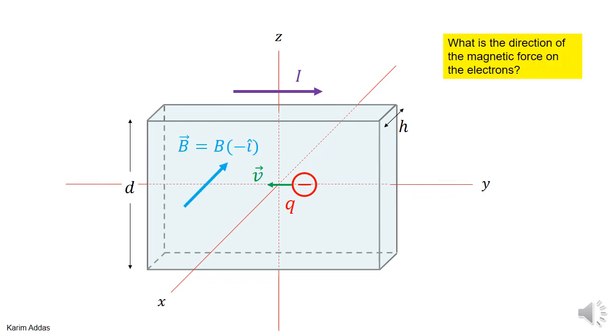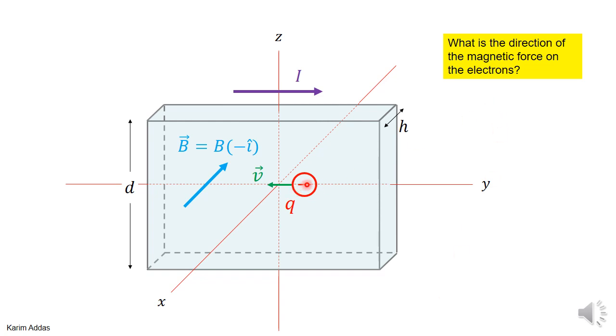So let's put this in a magnetic field. If you put this slab of current in a magnetic field, and the magnetic field is pointing in the minus x direction, so it's perpendicular to this slab of current wire, what will the direction of the magnetic force on the electrons be?